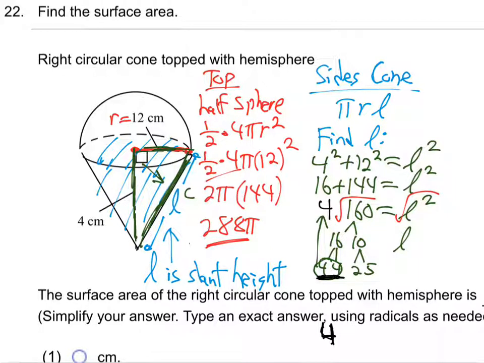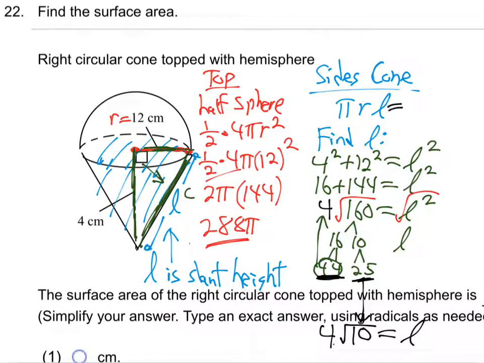See why I didn't break those 4s down to 2, 2, 2, 2? Because you don't need to. As soon as you see 2 of anything, ship 1 out. That's what square roots are, a 2-for-1 deal. What's left on the inside? 2 times 5 is left on the inside, goes back to 10. L is 4 root 10. So all that work is to find L, which is 4 root 10.